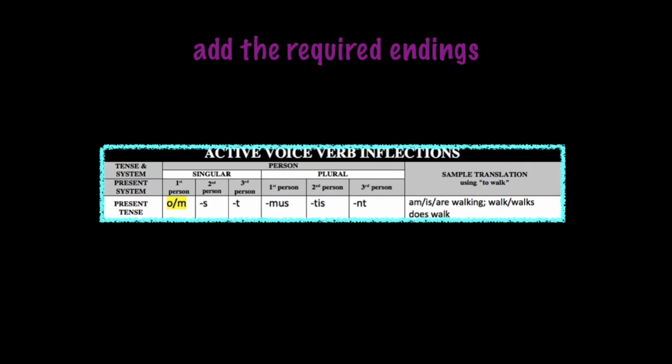All other endings, the -s, the -t, the -mus, the -tis, and the -nt, when we want to use those endings on the verb, we must proceed with the three-step process of finding the base, adding the connecting vowel, and then we can attach the ending. Now let's take a look at several examples of how we write verbs from different conjugations into various forms.